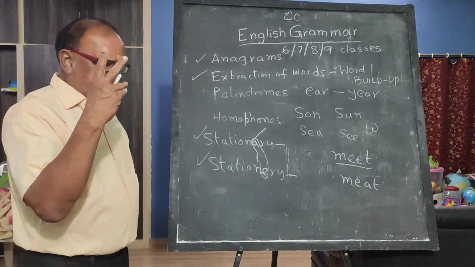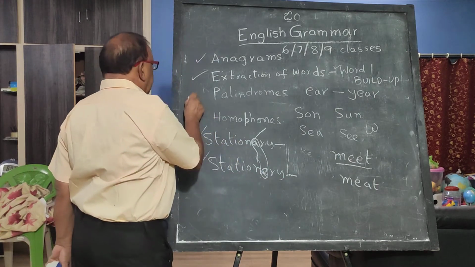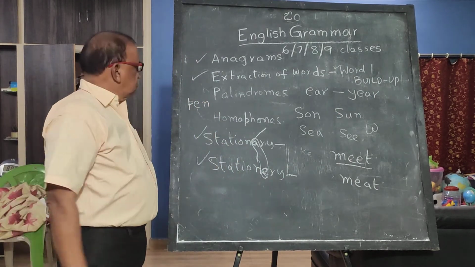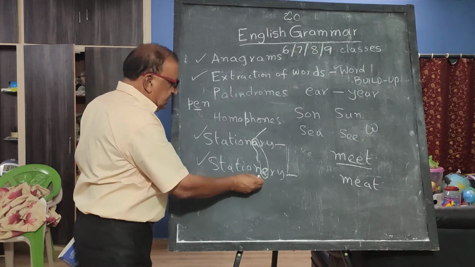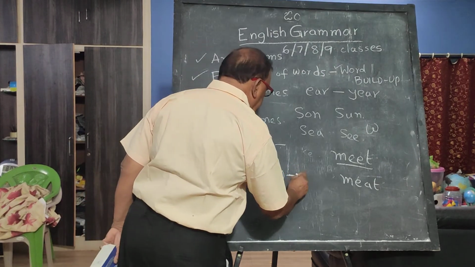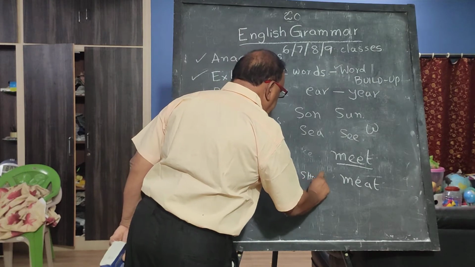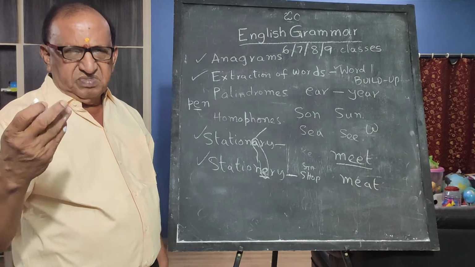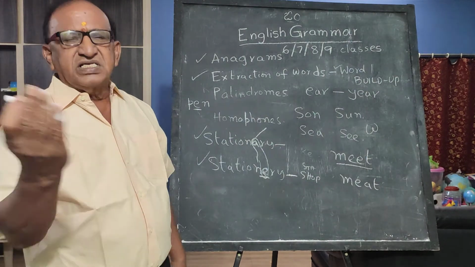E. Say if you take your pen, P-E-N. What is the middle letter? E. This is stationery, means it's a stationery shop, where you buy the paper, pen, pencils, things like that.